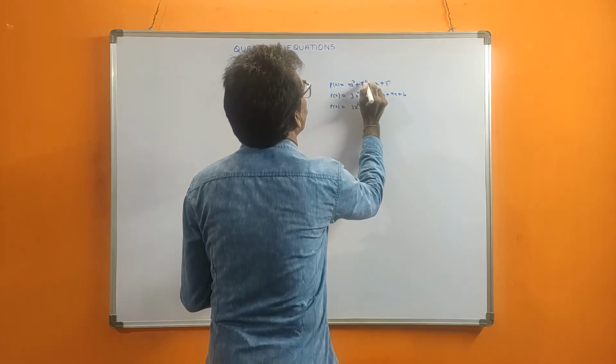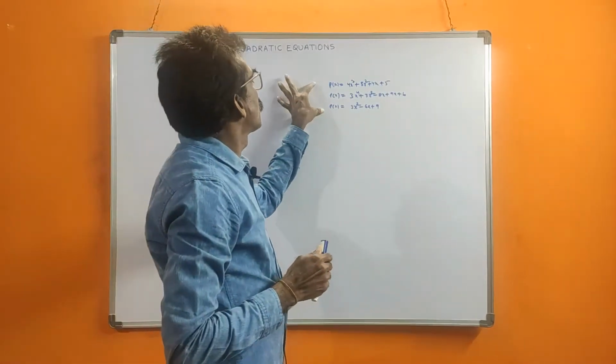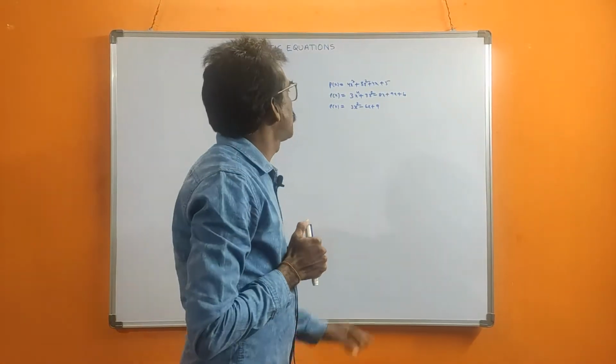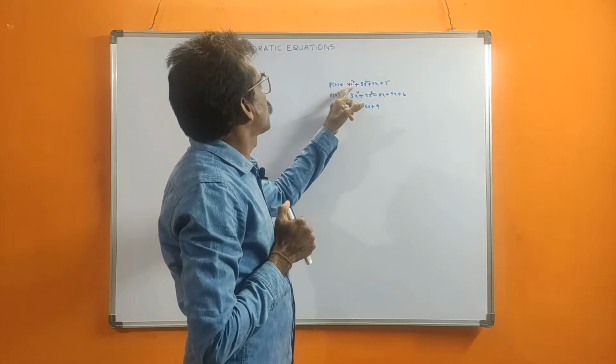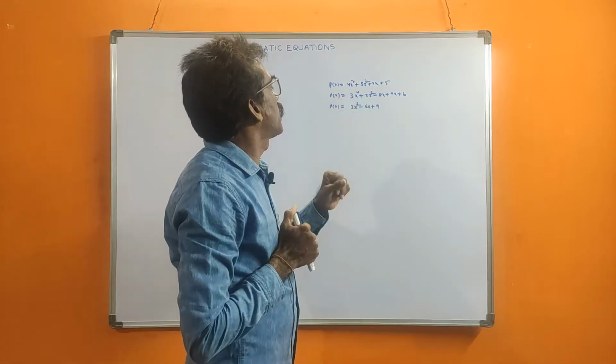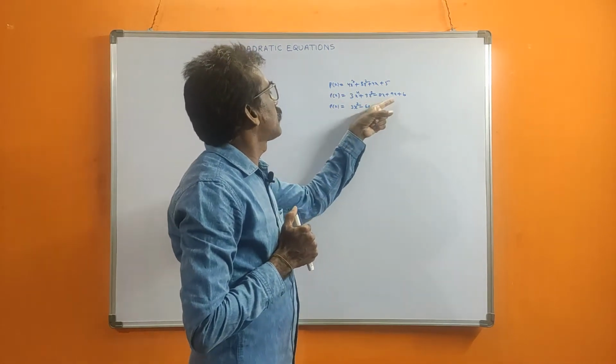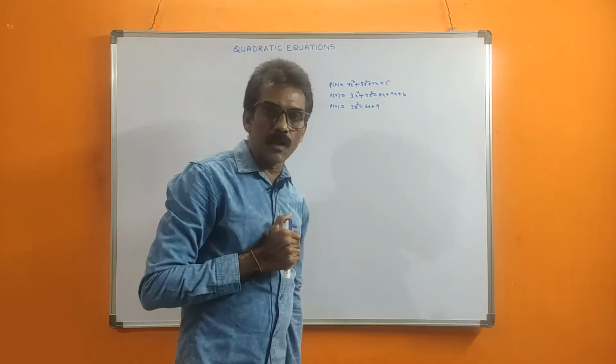Like that, these are some polynomials. Here, P of x is equal to 4x cube plus 3x square plus 4x plus 5. It is a polynomial. This is also a polynomial.